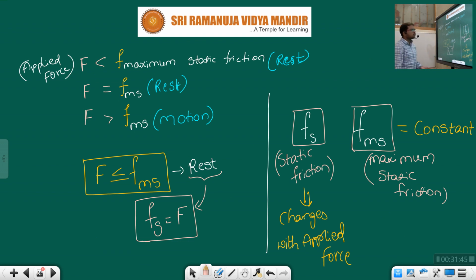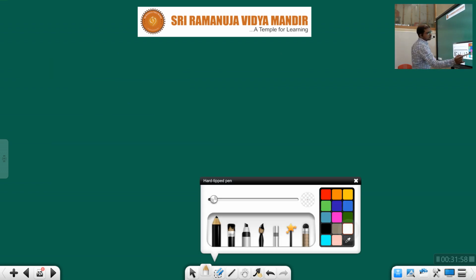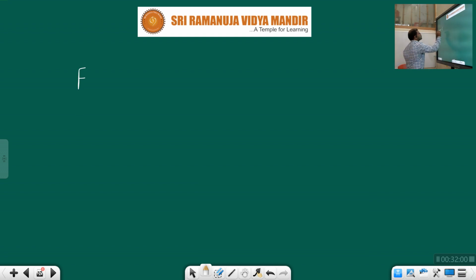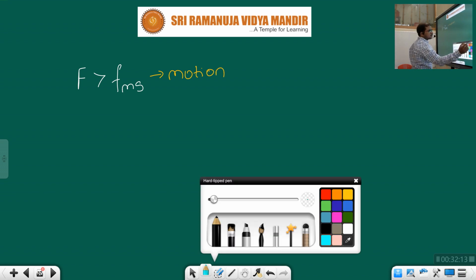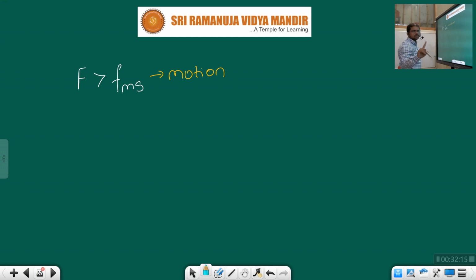So when does the block come into motion, children? Whenever the applied force is greater than FMS. When applied force is greater than maximum static friction, the block came into motion. So here we should not talk about static friction.